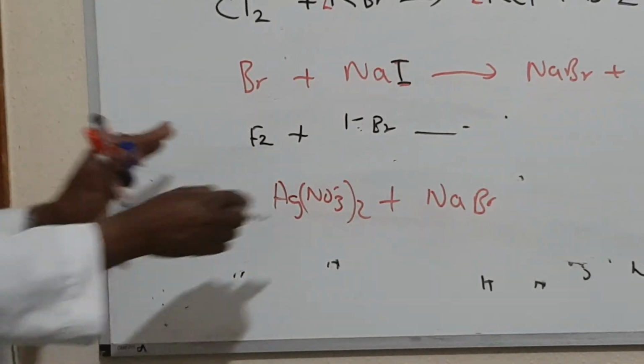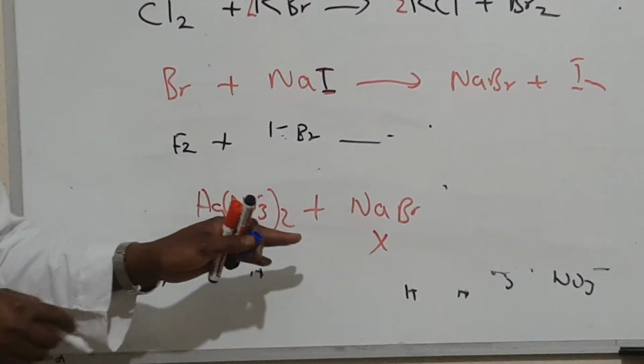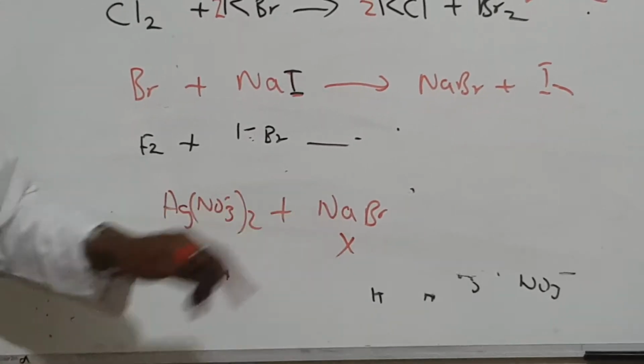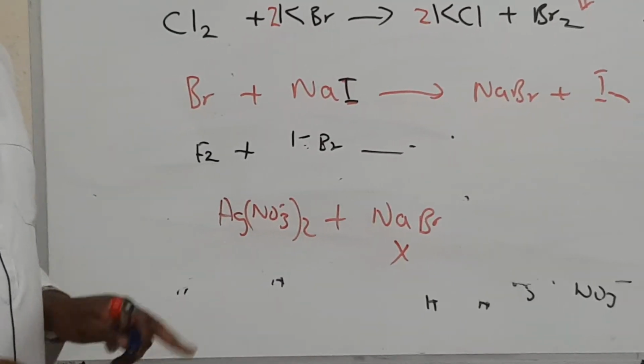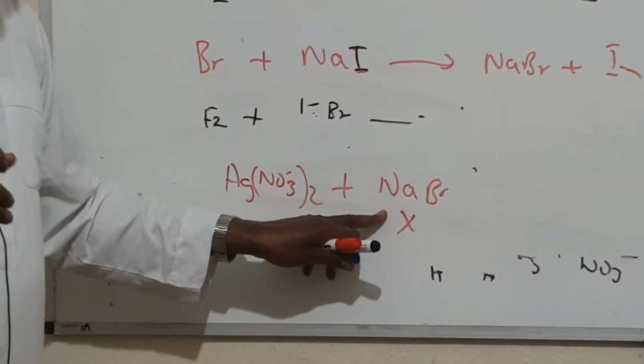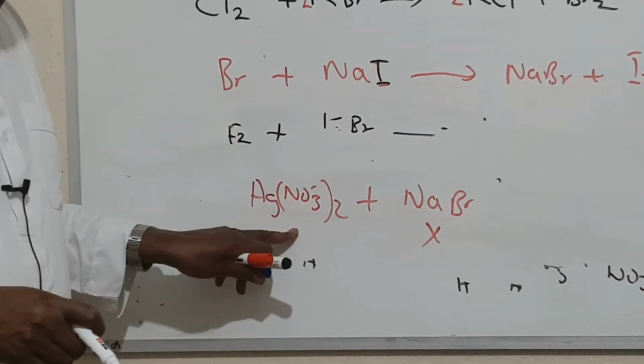In the laboratory, the label is X, but you want to test what this compound is. You understand? Two tests: one is called the flame test, we are going to do that later. One is the silver bromide test.